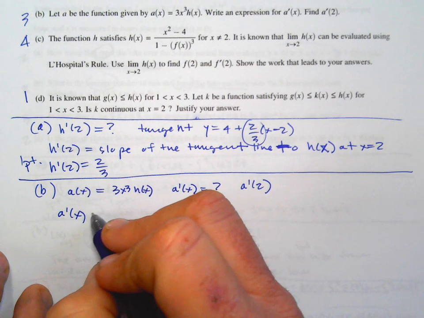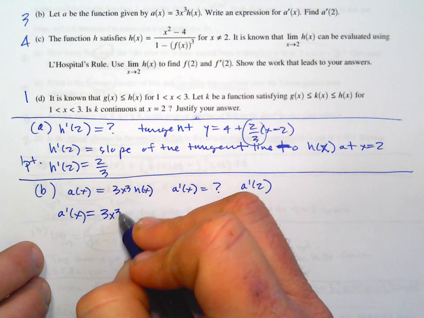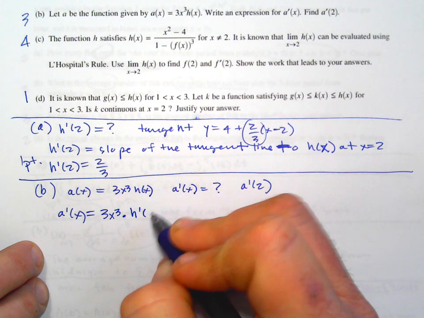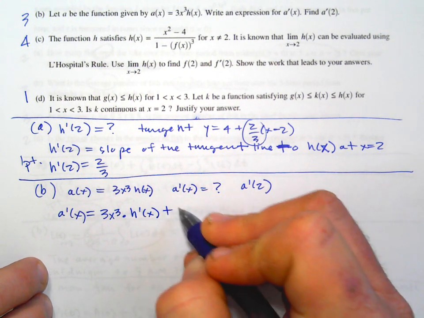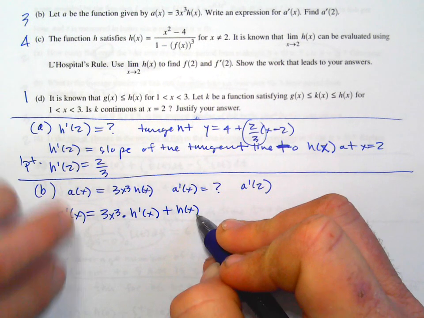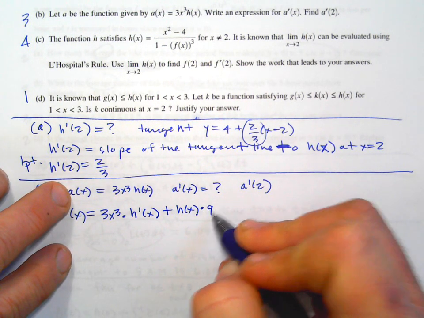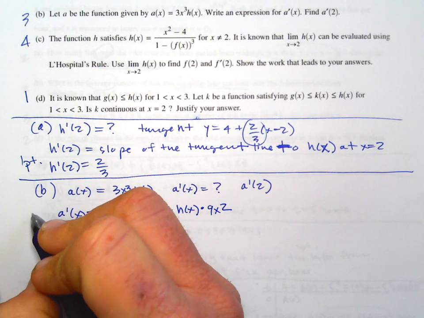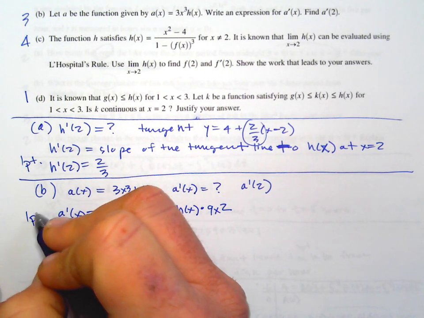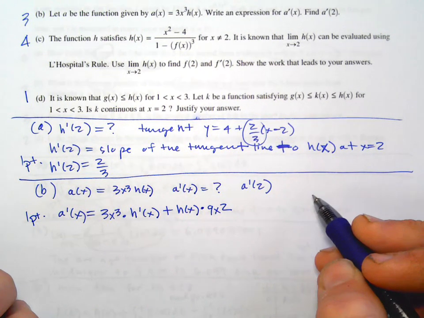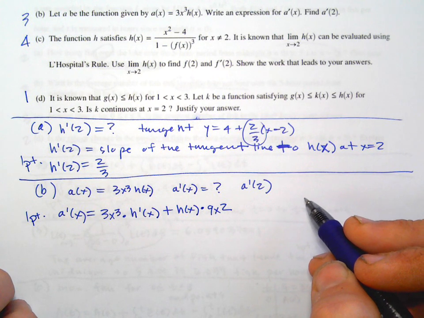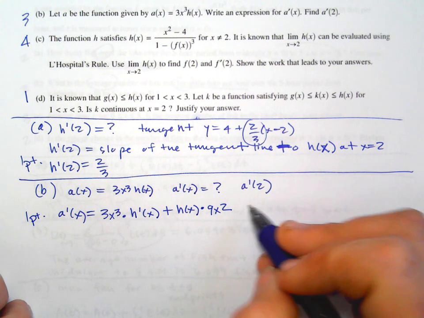It's going to be 3x cubed times the derivative of h, which we're just going to write h prime of x, plus h(x) times the derivative of 3x cubed, which is 9x squared. So that's a point right there. You did the product rule, and I think you can get the right answer as a point.